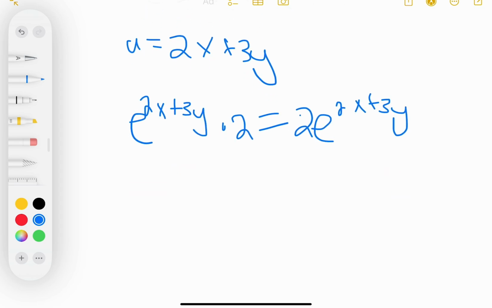Now let's do the same thing for the partial derivative with respect to y. It's the same idea: we treat x like a constant and take the derivative with respect to y only.